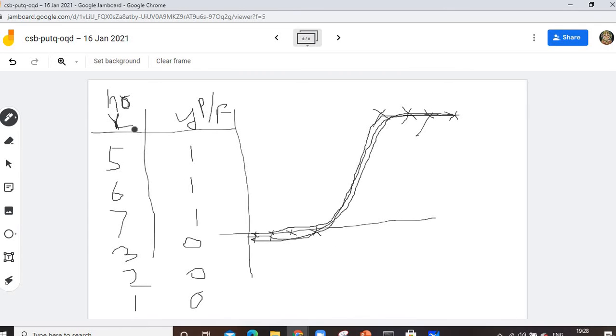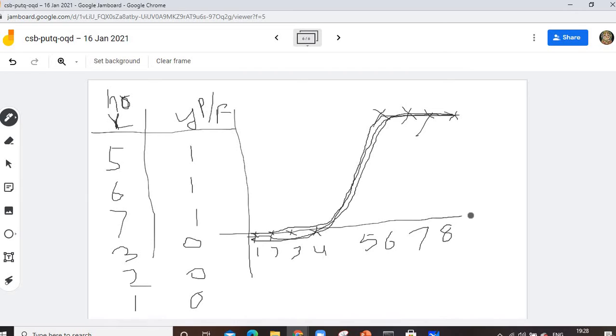If we plot X versus Y, X is for example 1, 2, 3, 4, 5, 6, 7, and 8.